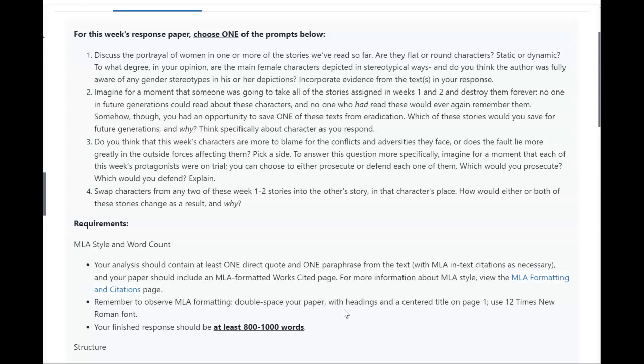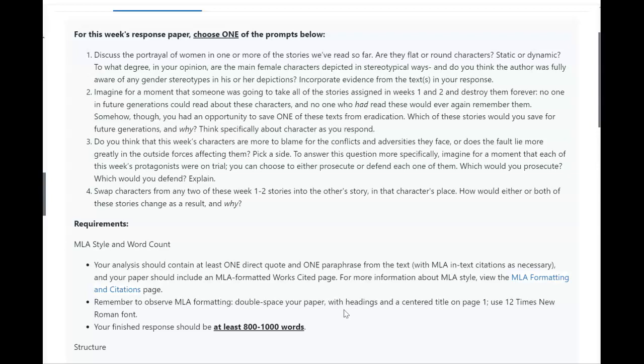Okay, so because you're going to choose one of these prompts, they're asking what your initial thoughts are. So what are some of your initial thoughts? But then you're going to go back and find that support in the story itself.